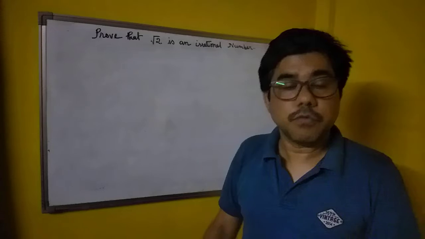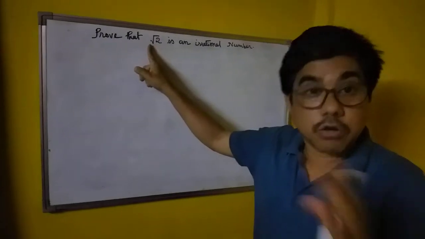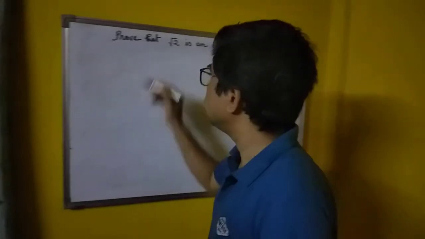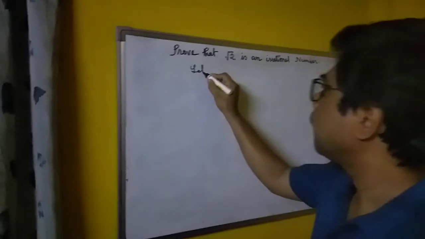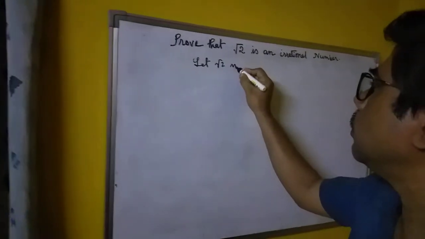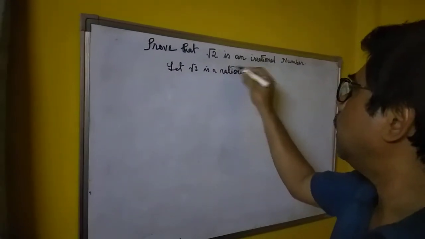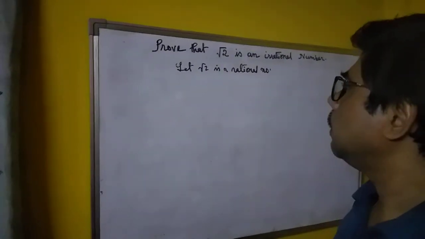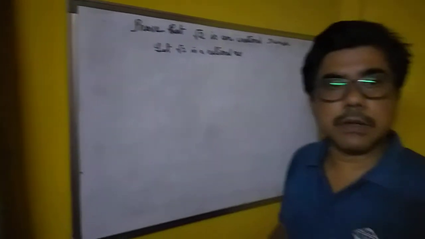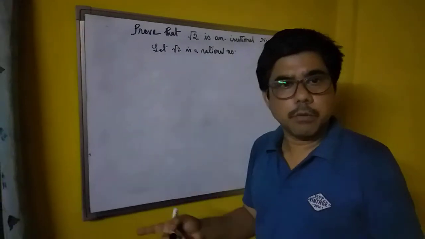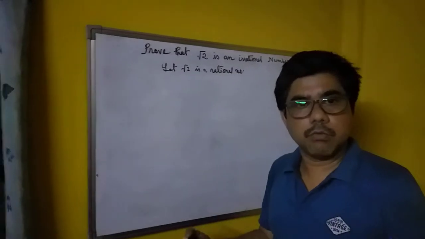So first of all, we will take it as rational. Let root 2 be a rational number, and if it is rational, we can express it in p by q form or a by b form, whatever you want.